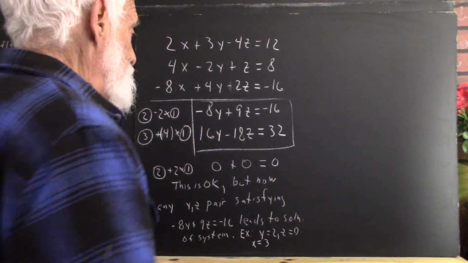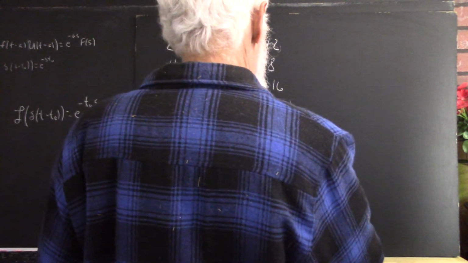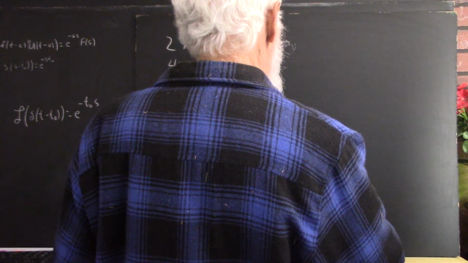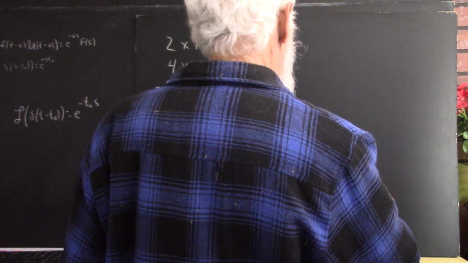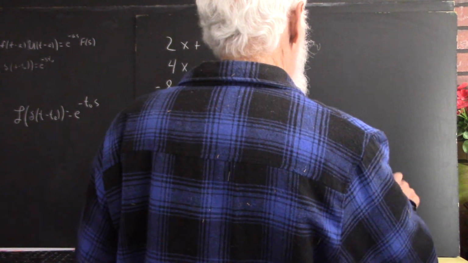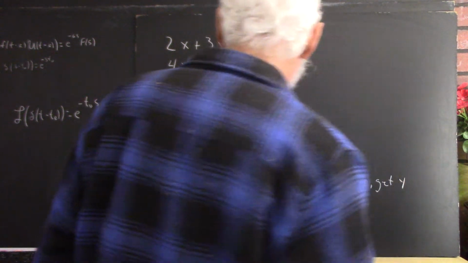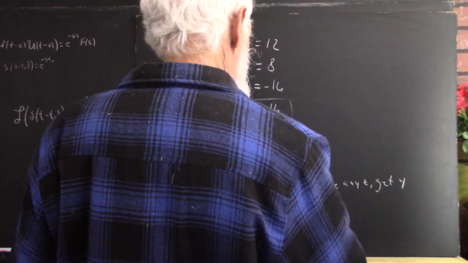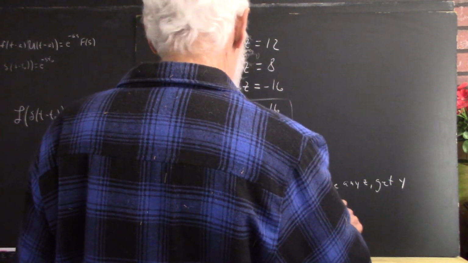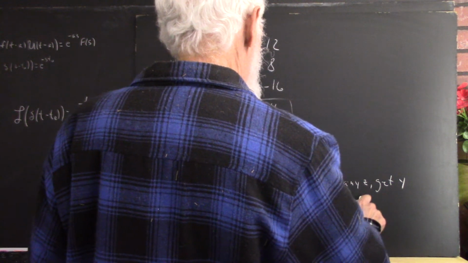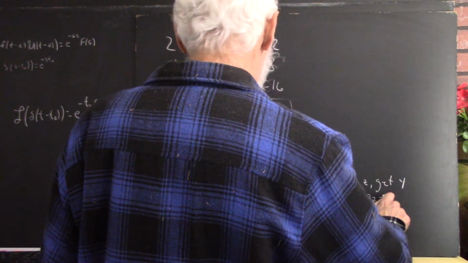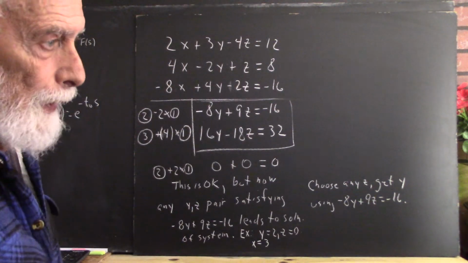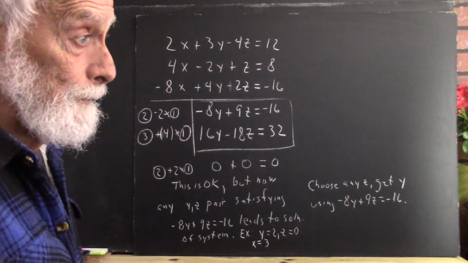So if you choose any z, you get y using negative 8y plus 9z equals 16.